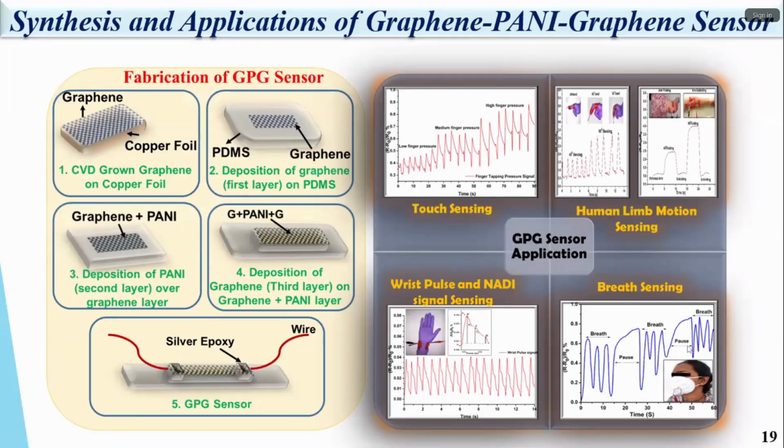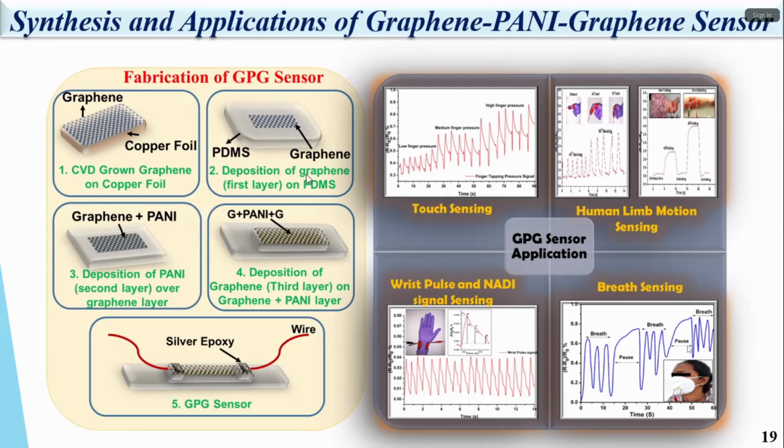It is a sandwich structure in which we used a PDMS layer and grew graphene on it using CVD, then deposited again a PDMS layer, then a polyaniline layer, and then a third graphene layer on the graphene plus polyaniline layer, to get a GPG sensor, a graphene, polyaniline, and graphene sensor, which we further utilized because this sensor shows change in resistance with motion, touch, wrist pulse, and breath sensing.